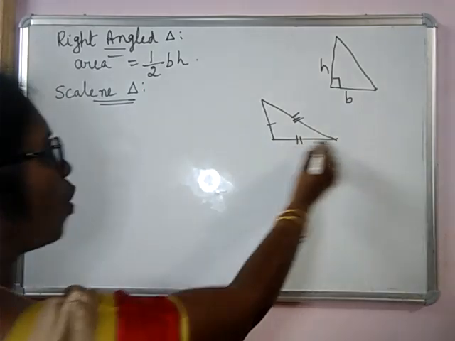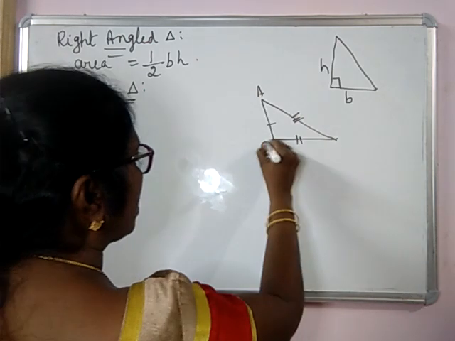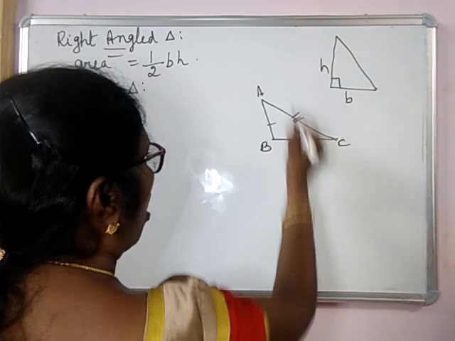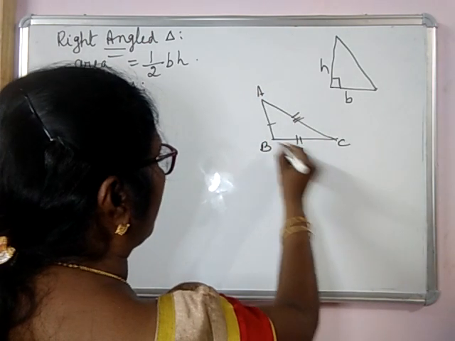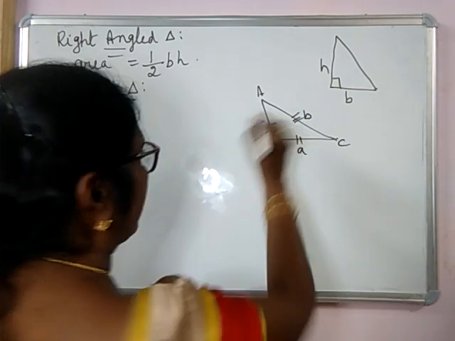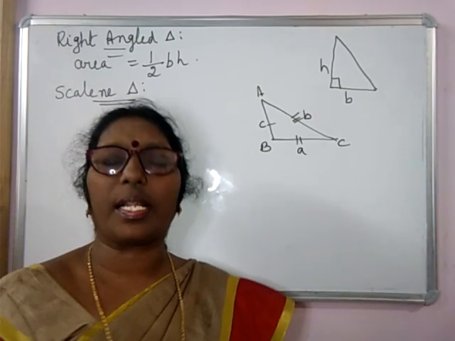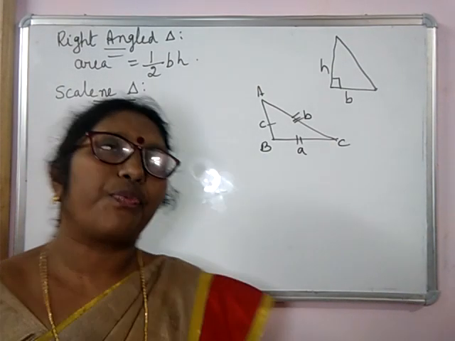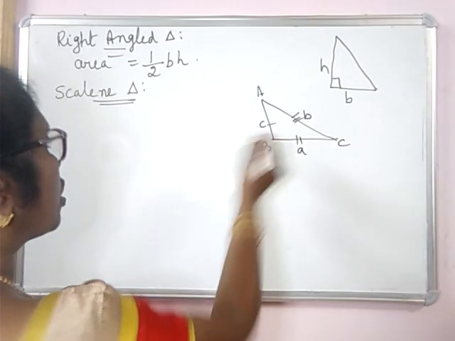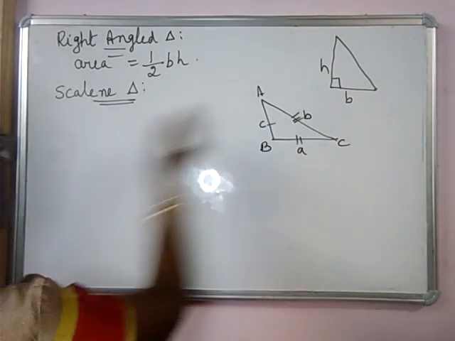And you know that perimeter means sum of all the sides. If this is triangle ABC, opposite to vertex A is small a, opposite to vertex B is small b, opposite to vertex C is small c. Generally we take small a, small b, small c for the sides of the triangle. So perimeter means small a plus small b plus small c, the sum of the sides.